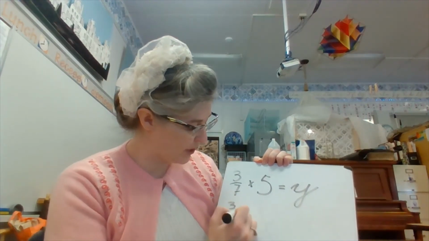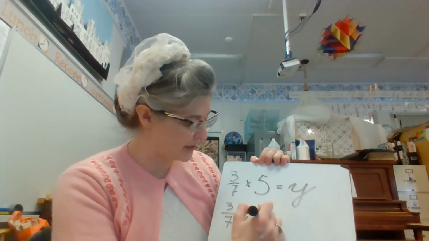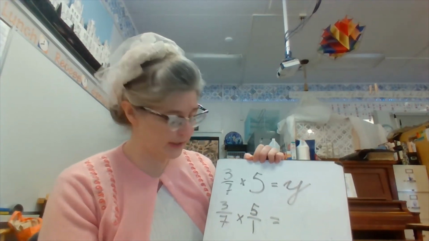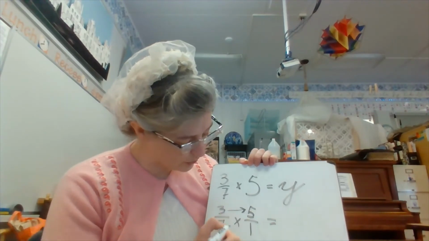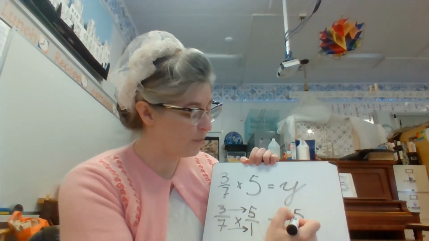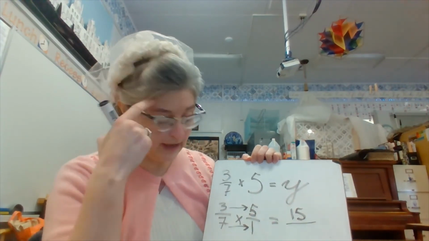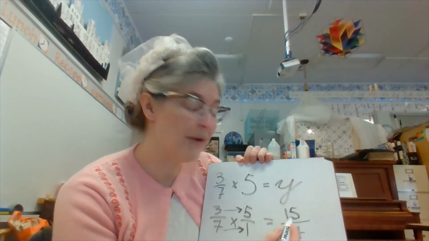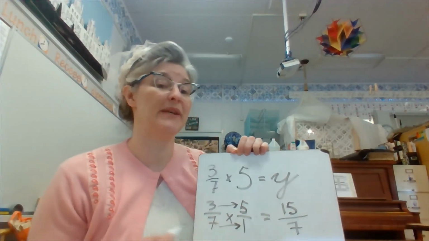So 3/7 times 5/1 equals, and here again I'm going to go straight across. 3 times 5 equals, hopefully you remembered filling that one out in your head, 7 times 1 equals. So I now have 15 of those little 7th pieces.